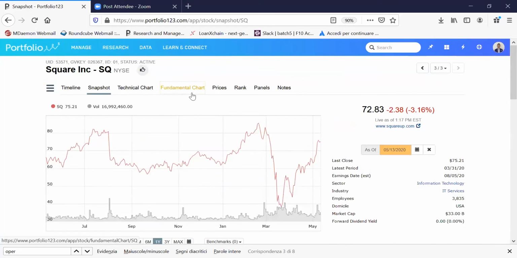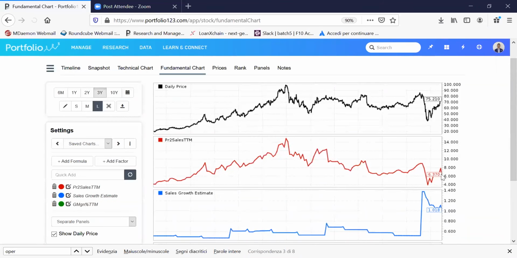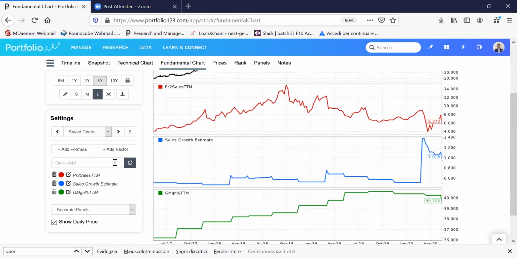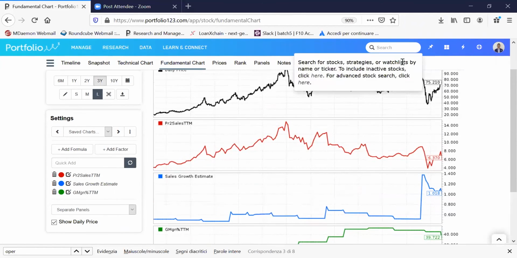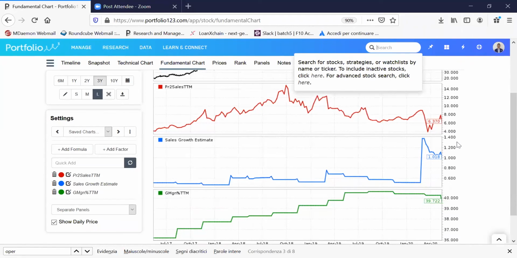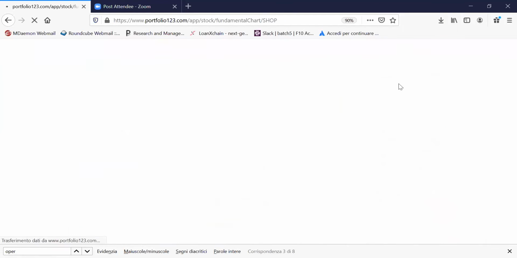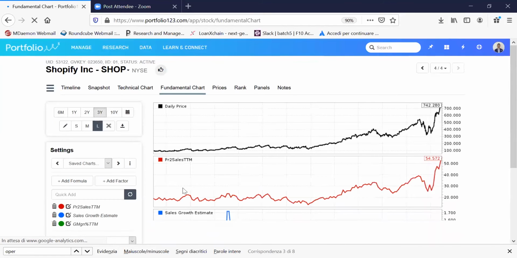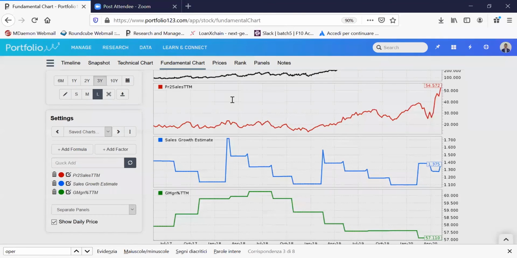Now we are going to use the fundamental chart in order to find something a bit different about these indicators, and how they can actually help us really understand which companies are worth investing in and which are not. So here, that's right.